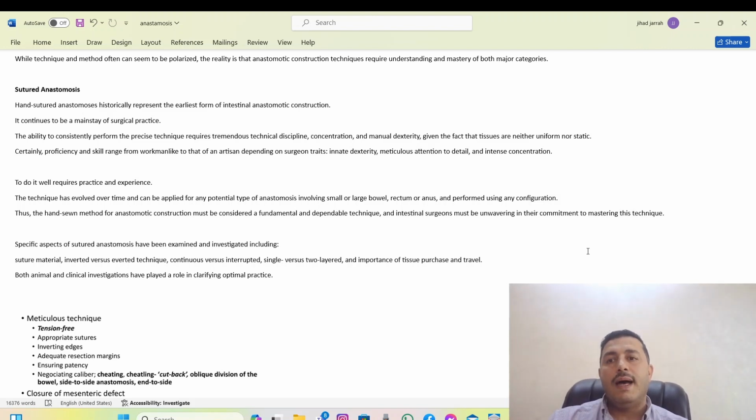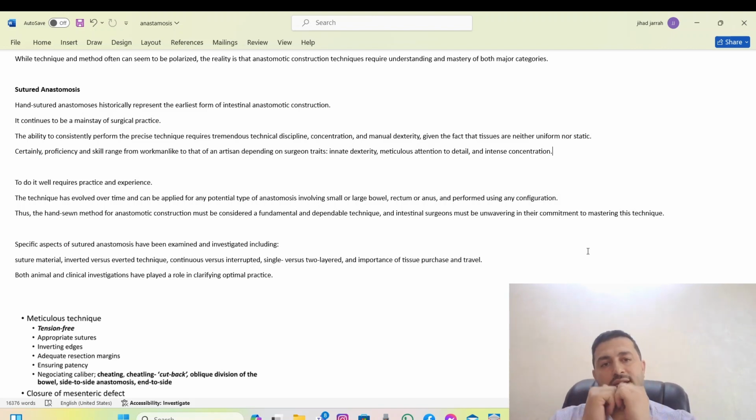So sutured anastomosis requires experience and practice, and if we are talking about anastomosis using sutures in the lower GI, we have to study many parameters. For example, should the suture be absorbable or non-absorbable? Should it be monofilament or polyfilament? Should the type be continuous or interrupted, single layer or double layer?